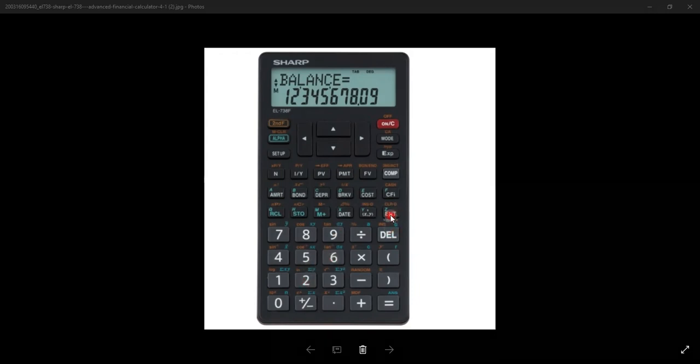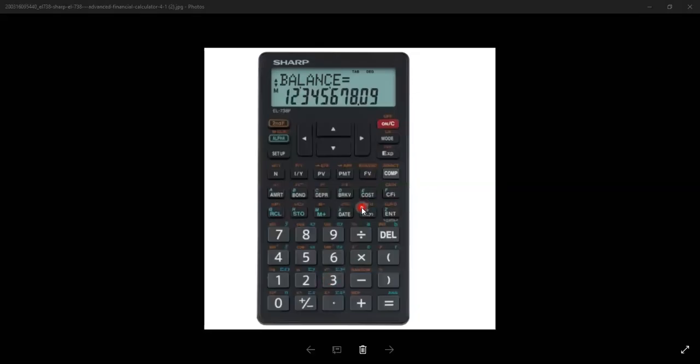Then you keep pressing enter 9 times because it's the same amount up to CF9. Then you enter 53,300 as CF10. Then to get your internal rate of return, you simply say second function, and then you come to CFI. Then you simply press compute, and you'll get your internal rate of return.